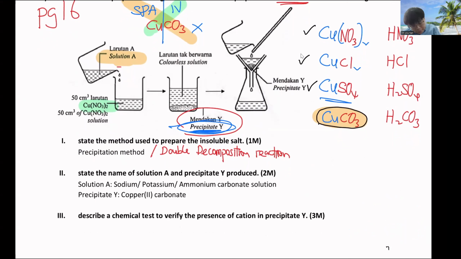Okay, then after that, it's quite popular in school exams and government exams that they always ask you about this. How do you verify whether in a solution there is copper 2 ion inside? So for the cation test, cation means positive ion.